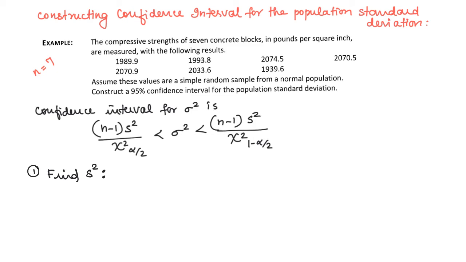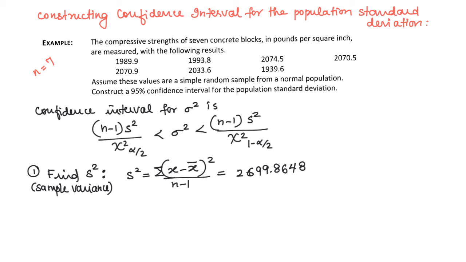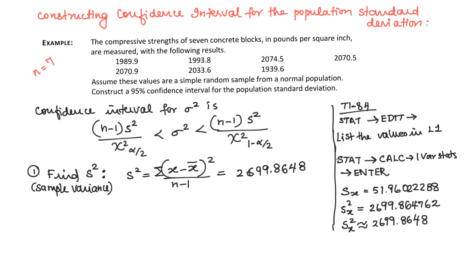So let's find the sample variance S square. You can use the calculator to find this. In the calculator, first press Stat, then select Edit and list all these values in L1. Then press Stat again, then Calc and select the option one var Stats and press Enter. Then you will see Sx equal 51.960222288.